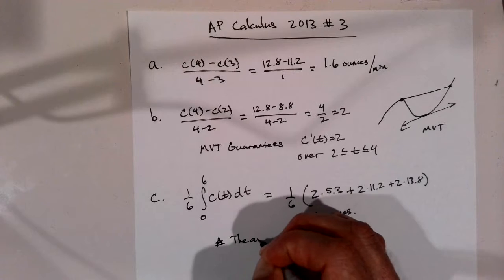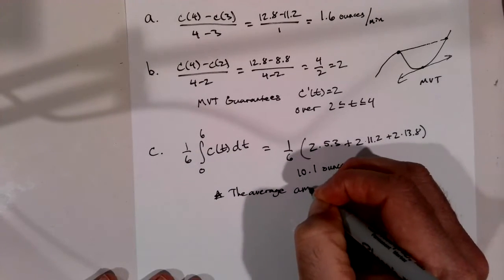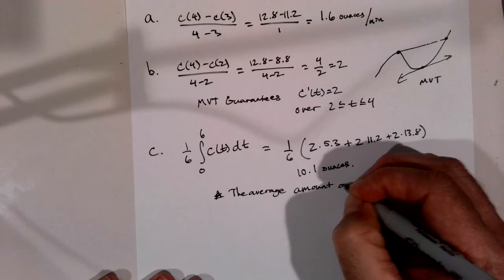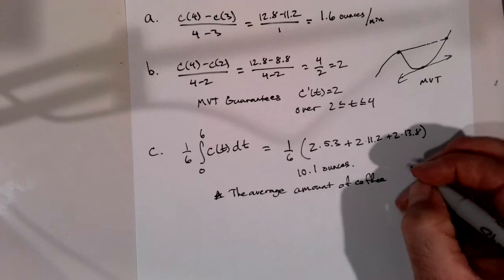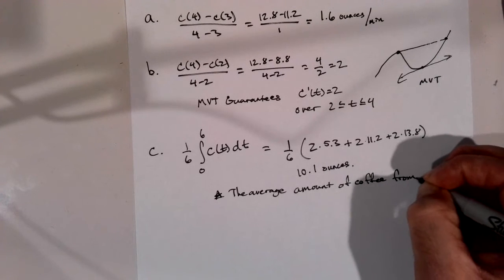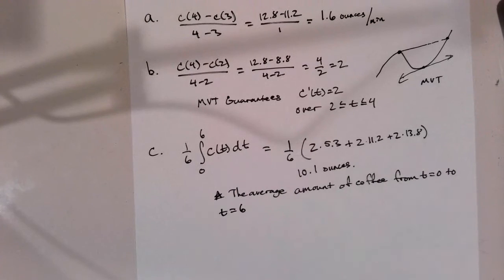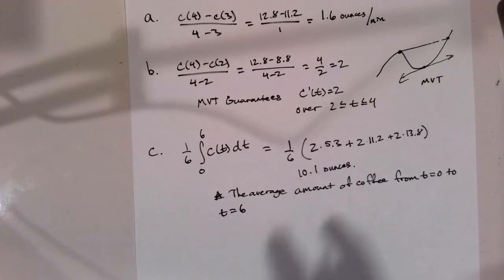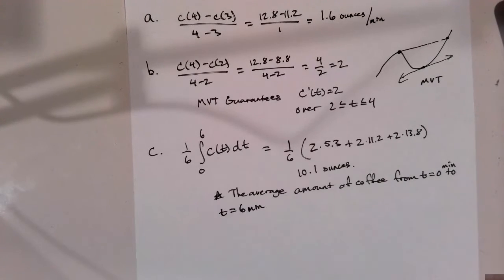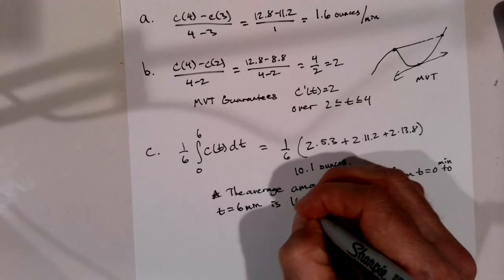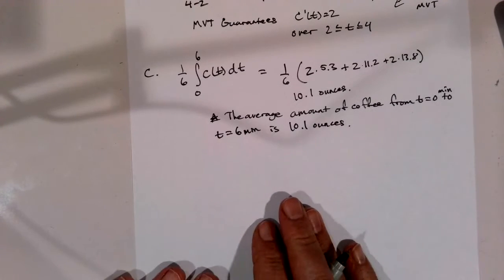The average amount of coffee from time equals 0 to time equals 6, I'm going to put minutes just in case they get picky, is 10.1 ounces. Okay, so we've explained what that means.